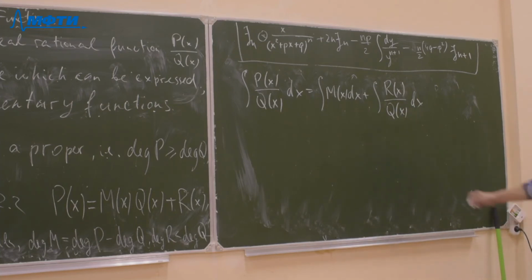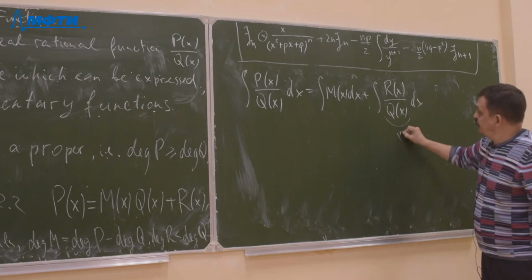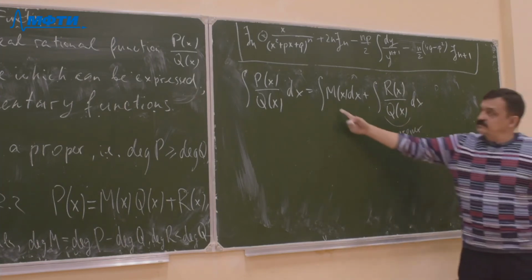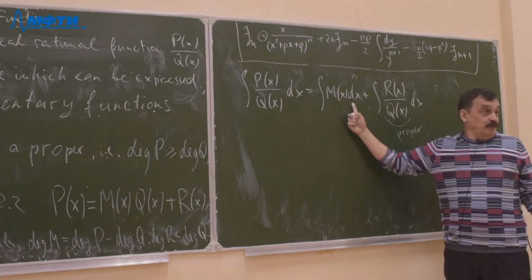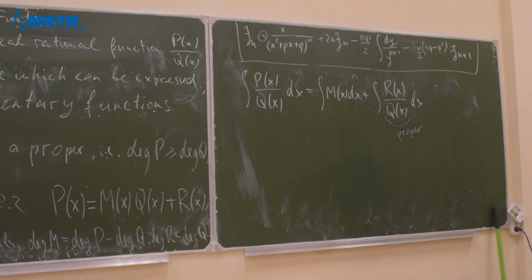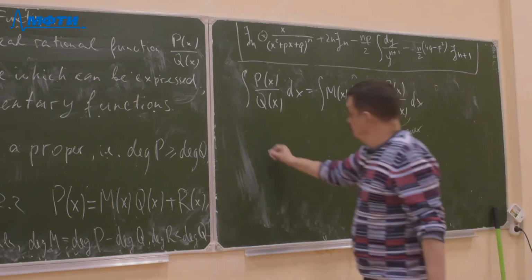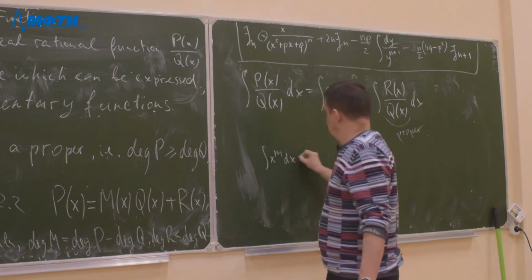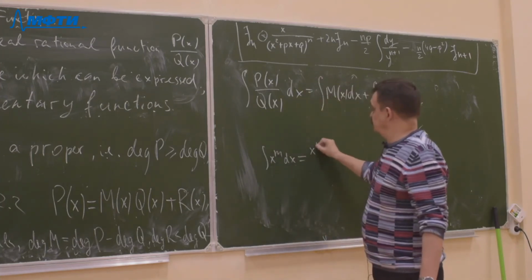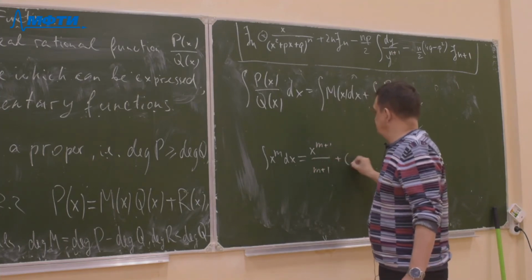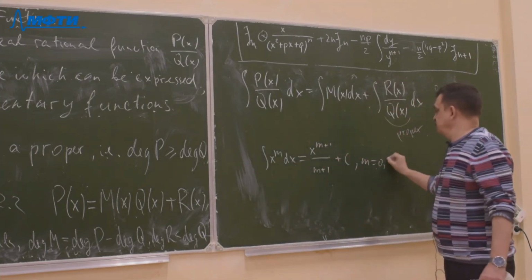Now you see that is proper. And what is here? The integral of a polynomial. The integral of a polynomial is a polynomial again, right? Because the integral of x to the power m dx is equal to x to the power m plus 1 over m plus 1 plus c, where m is 0, 1, and so on.